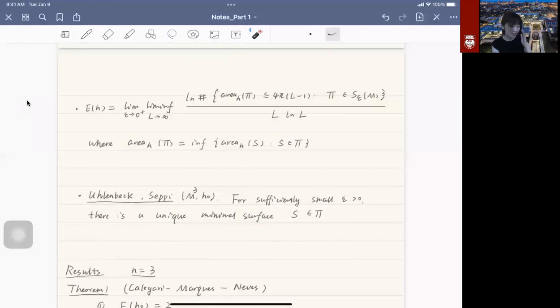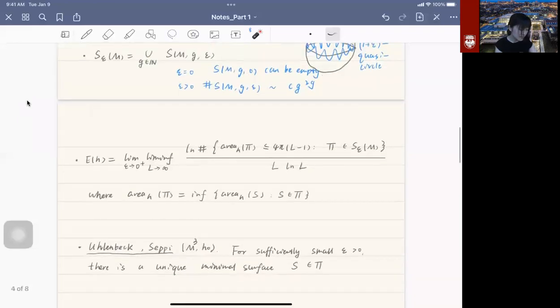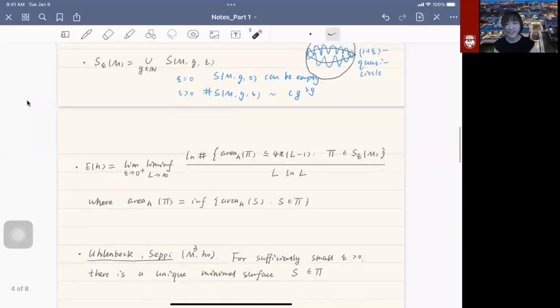That is to say, in our definition of the minimal surface entropy, counting the number of equivalence classes of homotopy classes is equivalent to counting the number of minimal surfaces. And that's also why we call the entropy minimal surface entropy. Okay, and now a direct corollary.